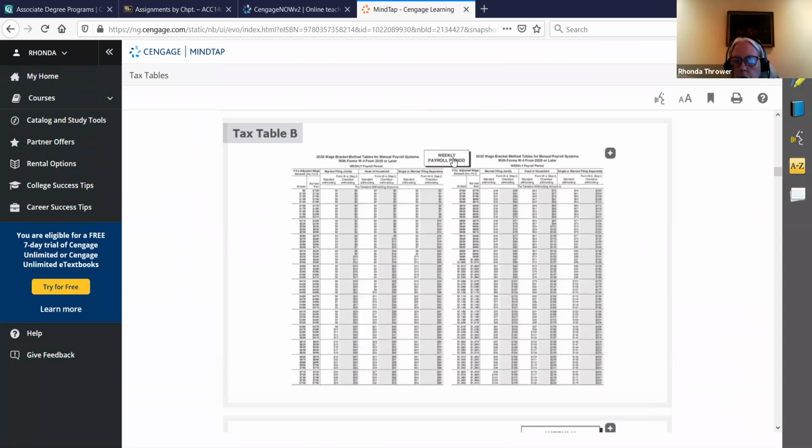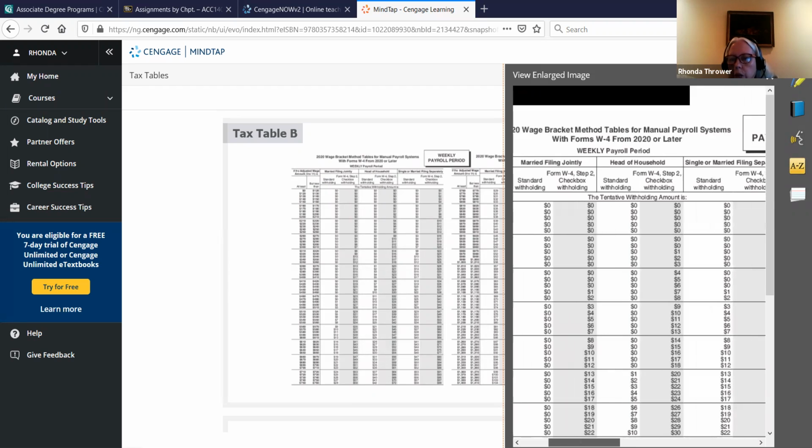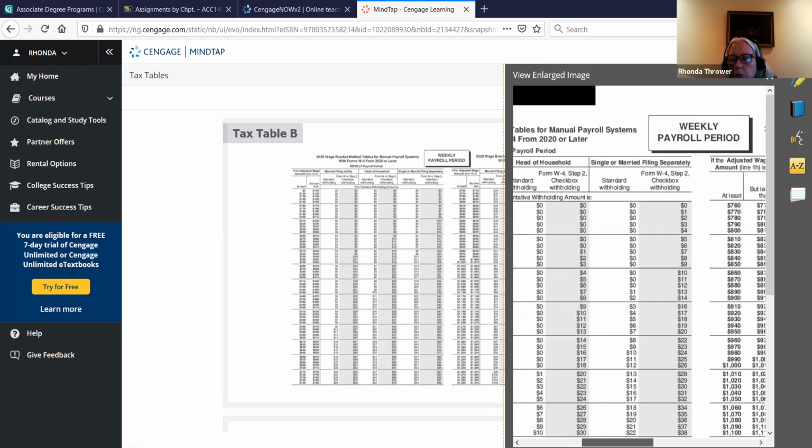So I need to make sure that I get in the right category for this. I'm going to enlarge this so you can see it a little bit better. You see here, they've got a place for married filing jointly, head of household. If you just scroll over, you'll come to single or married in the third column here.